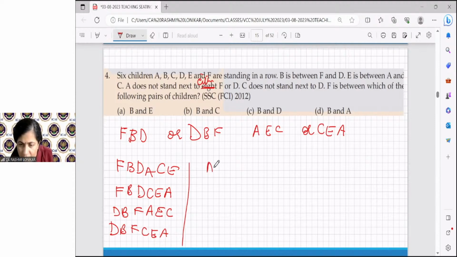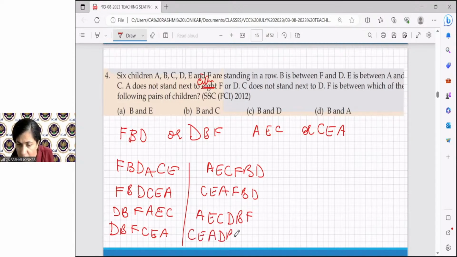So I can have A, E, C, F, B, D; C, E, A, F, B, D; A, E, C, D, B, F; C, E, A, D, B, F. So I have paired this with this, and then I have done the opposite also.